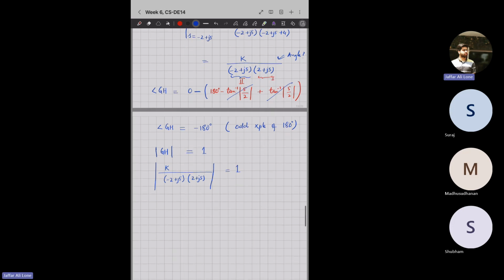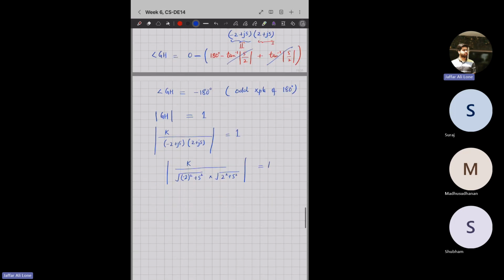So this will be K, and the magnitude of this will be the square root of 2 square plus 5 square into the square root of 2 square plus 5 square, which is equal to 1. This is 29 into 29, which is 29. So K is equal to 29.